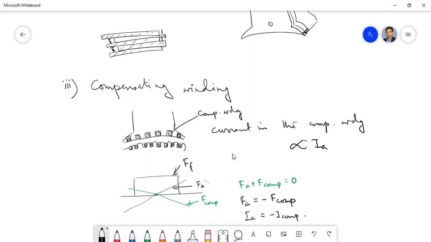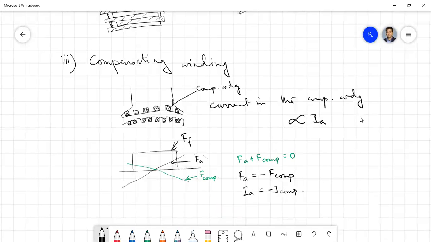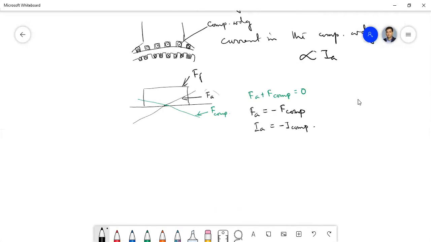For compensating winding, we should remember one thing when we design the compensating winding: the MMF of the compensating winding.